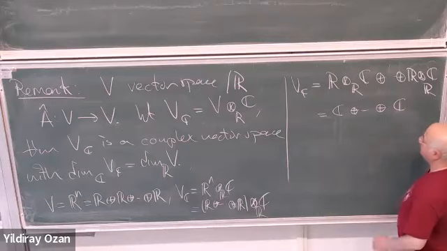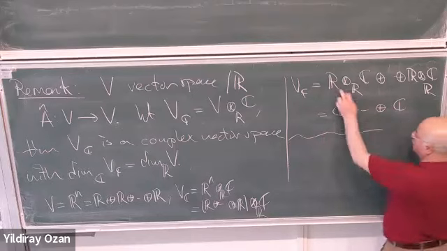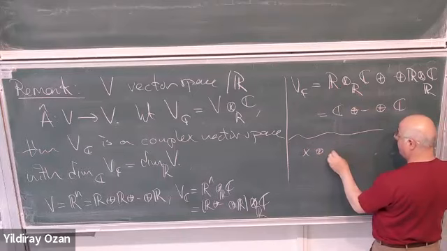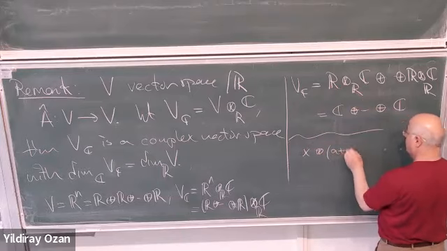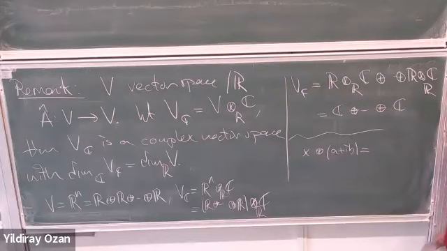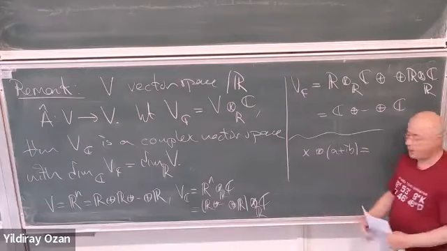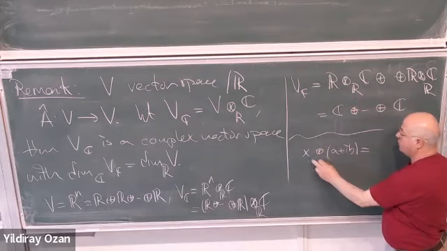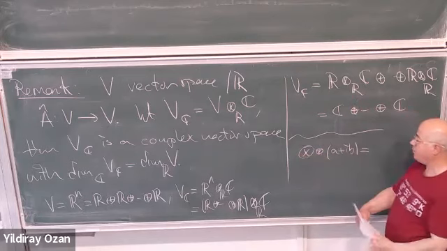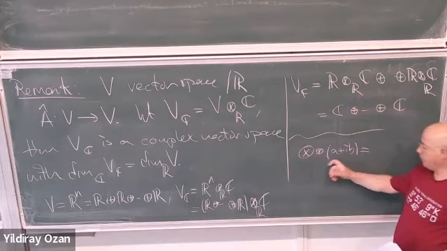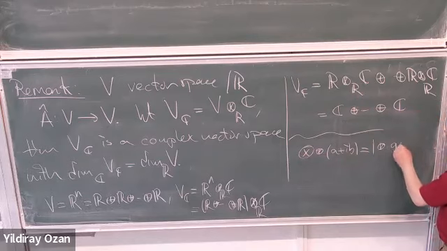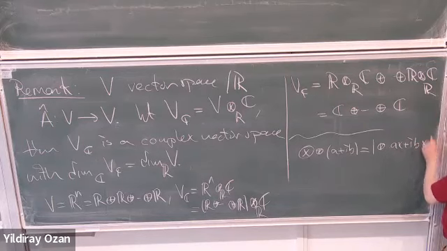If you have a real number and then a complex number here, let's say a plus ib. Since this is a real number and this tensor is over R, I can just take this real number and move it to the other side. So it becomes just one tensor ax plus i bx.